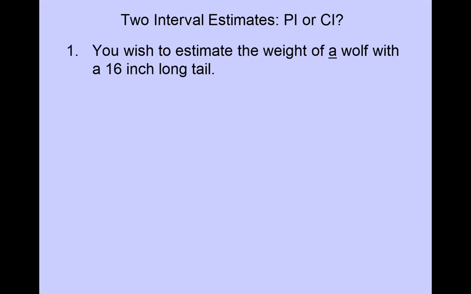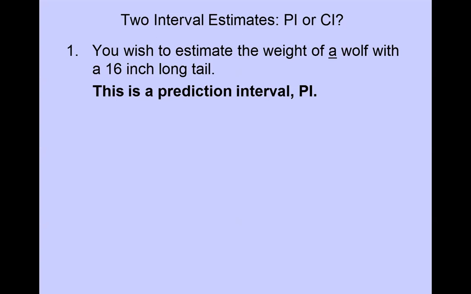So you wish to estimate the weight of a wolf, just one wolf, that has a 16-inch long tail. This is called a prediction interval. It's a prediction for one observation of a wolf's weight that has a tail length of 16, and this is not one of the wolves in your data set.